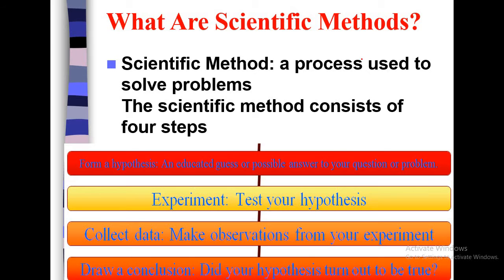What are scientific methods? Scientific methods are a process used to solve a problem. You use a scientific method to solve any problem. Scientific methods consist of 4 steps. First step, form a hypothesis, an educated guess, or a possible answer to your question or problem.